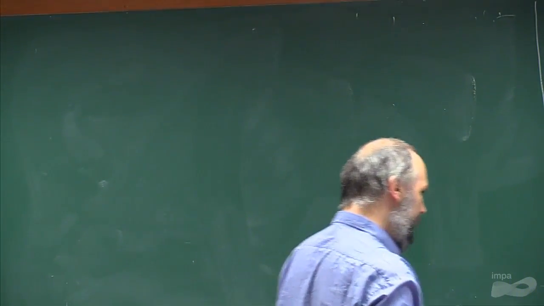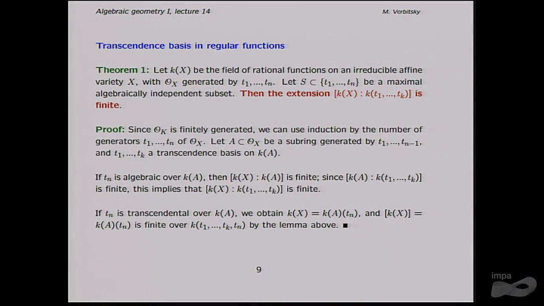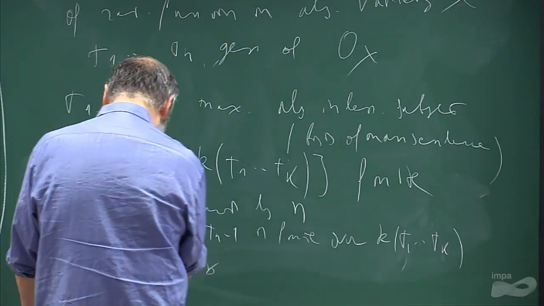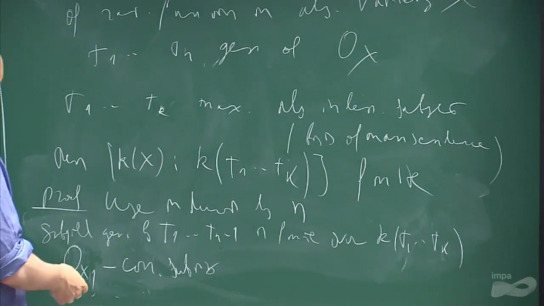Let's denote this subfield; the corresponding subring is O of X1, and X1 will be the corresponding quotient variety.